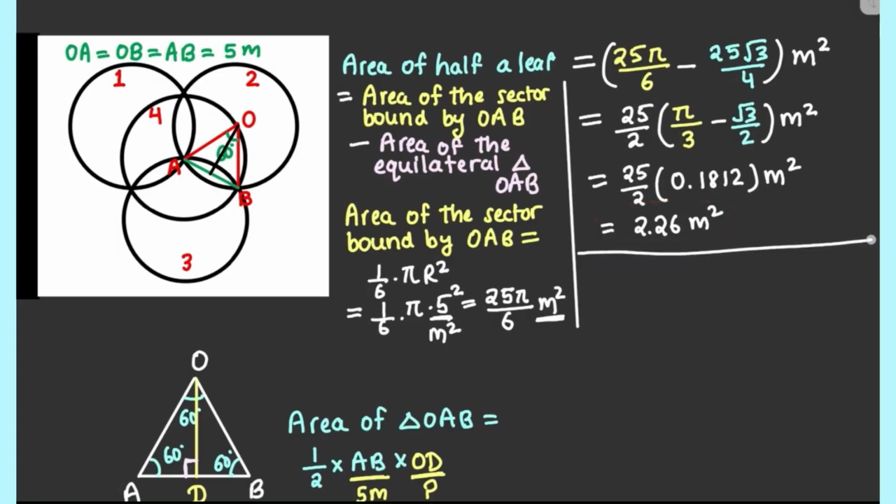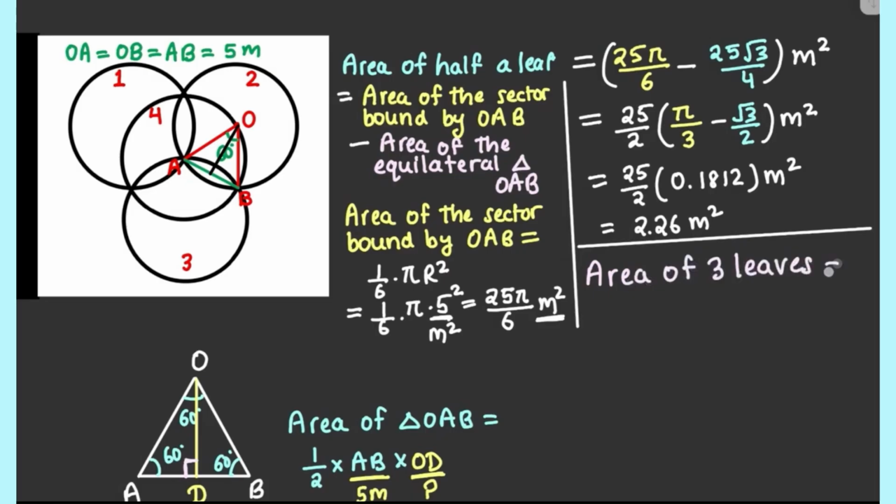So here we go. We want to find out the area of 3 leaves. That would be equal to 6 times the area of half a leaf.